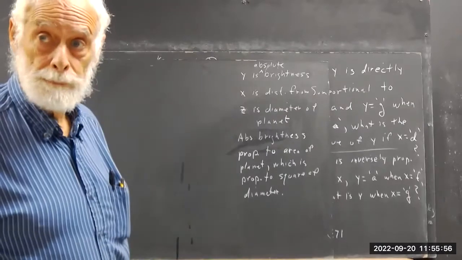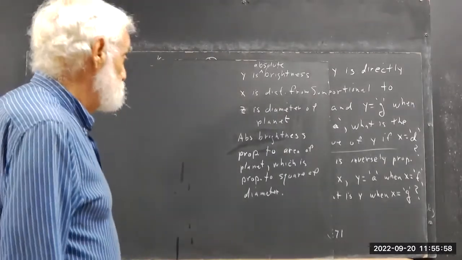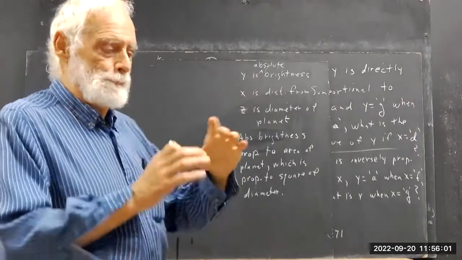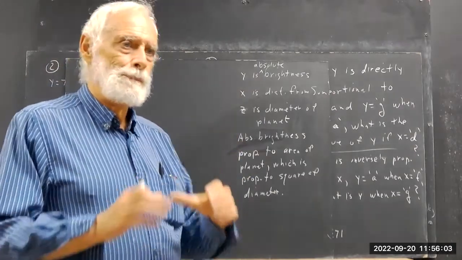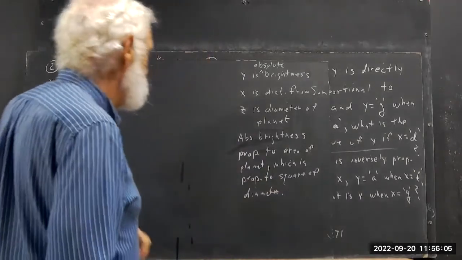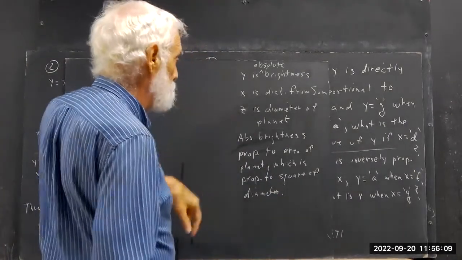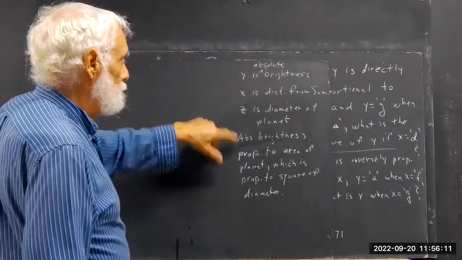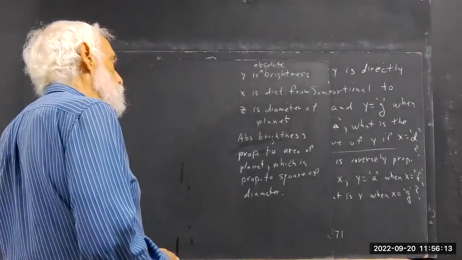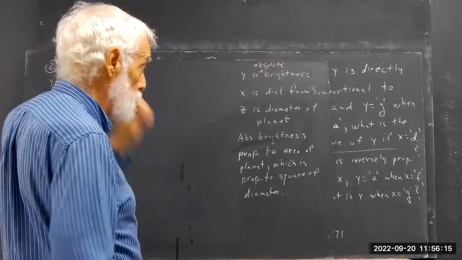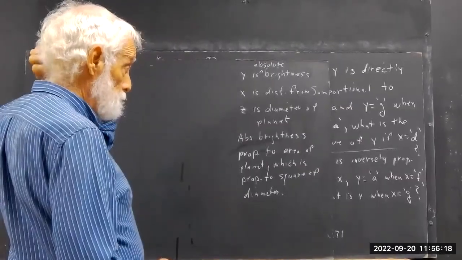That's just because, well, it is a geometric proportionality. I don't want to go into all that. I would like to because it's important. Absolute brightness is proportional to the area of the planet, which of course is square of the diameter.